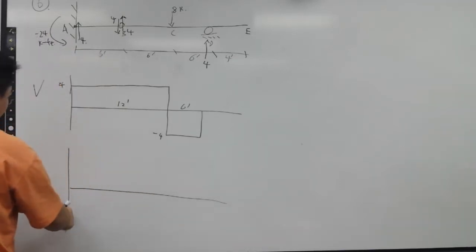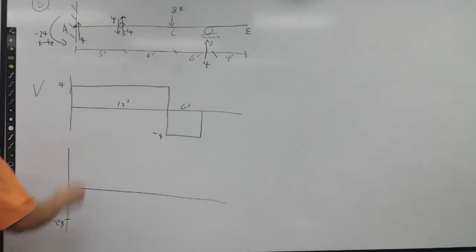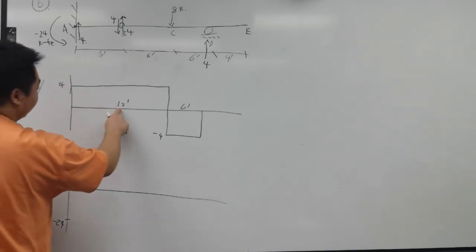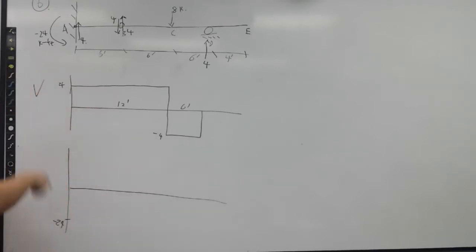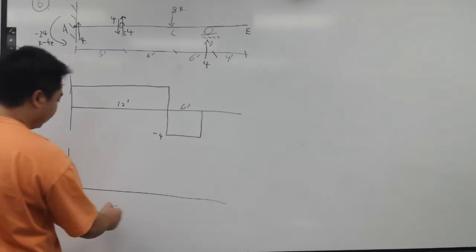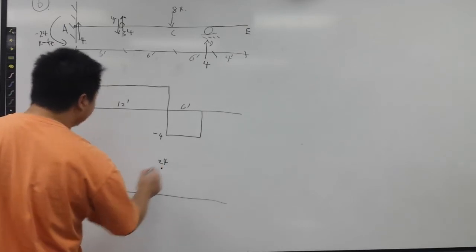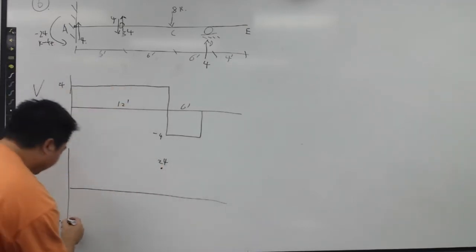So now, it starts from negative 24, and this is 4 times 12, should be 48. 48 minus 24 is just 24, so it should be right here, 24. And it's a rectangle, so it's linear.